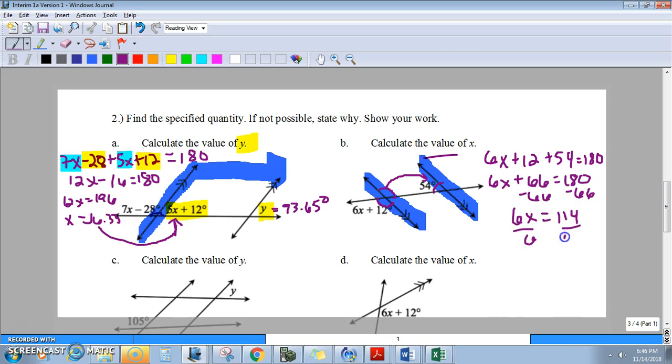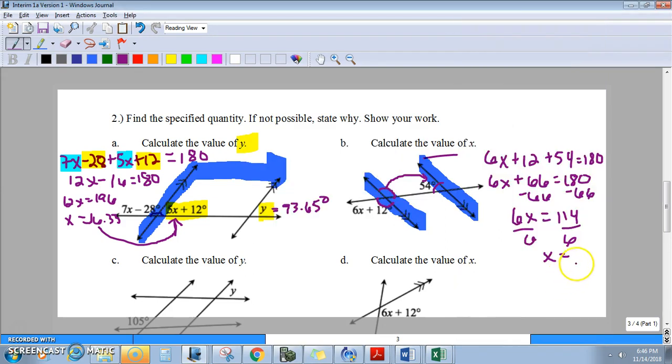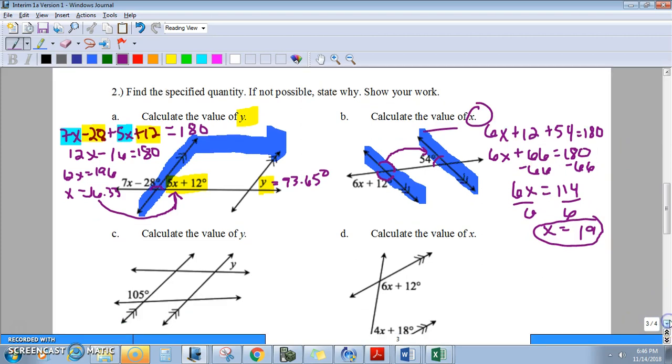Divide both sides by 6. So x is equal to 114 divided by 6, 19. And the question is actually asking me to solve for x, so I'm done. X is 19. Cool, cool, cool.